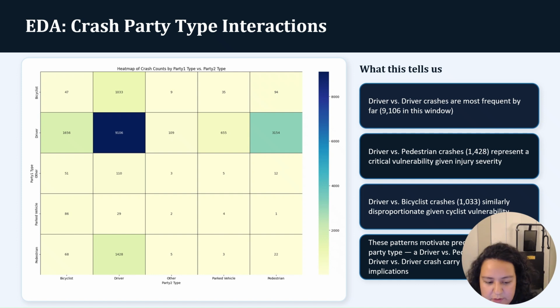I want to cover some of the EDA that I did. This heat map shows crash frequency broken down by the types of parties involved. You can see that driver versus driver dominates at over 9,000 crashes, which is expected since most road users are drivers, but the more interesting ones are driver versus pedestrian and driver versus cyclist, since I think these are likely to result in injury as well.